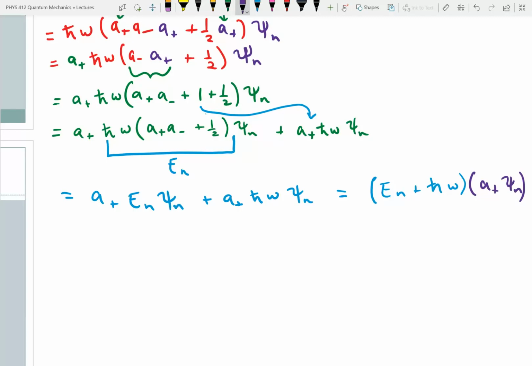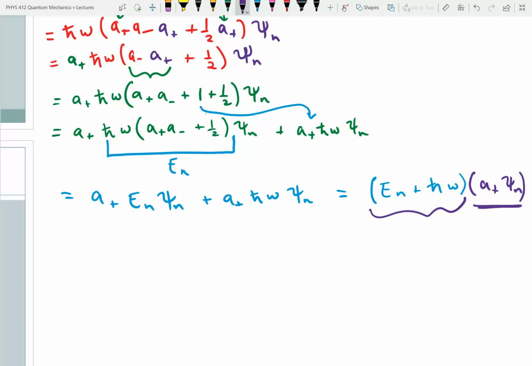So we see that indeed, if I have my Hamiltonian operating on A plus psi, that gives me a value here times that same function, A plus psi, which indicates that A plus psi must also be a solution to the Hamiltonian.